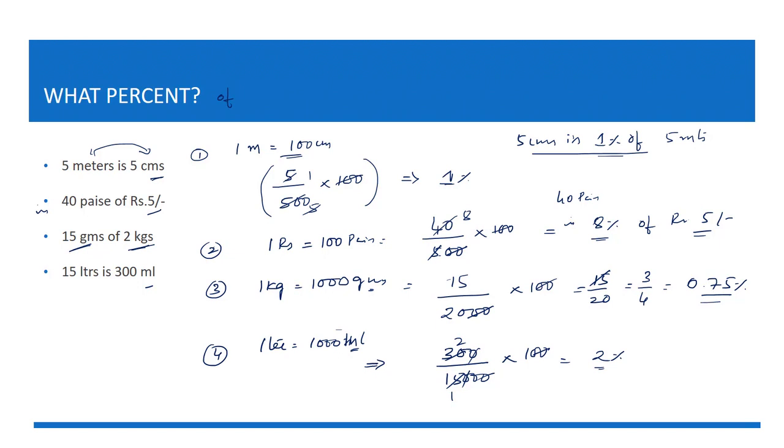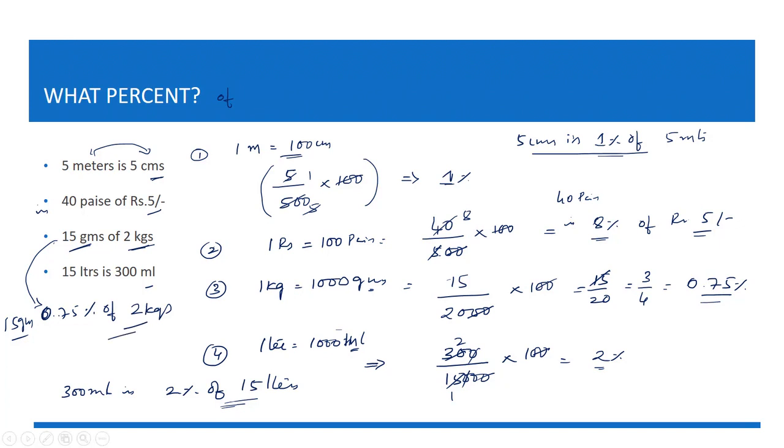Now what you can say now, 300 ml is 2% of 15 liters. Right, and 15 grams of 2 kg, that is how you can say, that is 0.75%. 15 grams is 0.75% of 2 kgs.